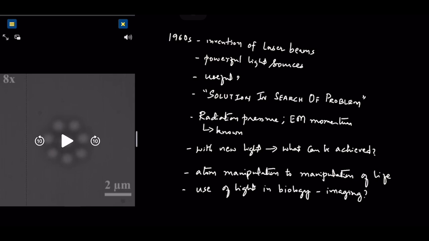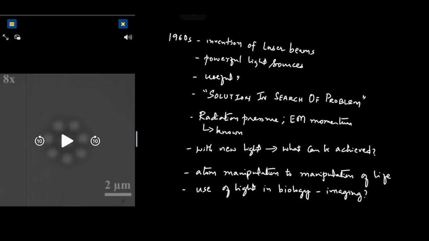This created very interesting light sources which were extremely powerful. The question was, can these powerful light sources be of any use at all? That was the question. In fact, the postulate was that lasers were a solution in search of a problem. This was a very interesting notion because everybody knew that there is something very interesting about lasers, but can one use it for a specific purpose was the question.